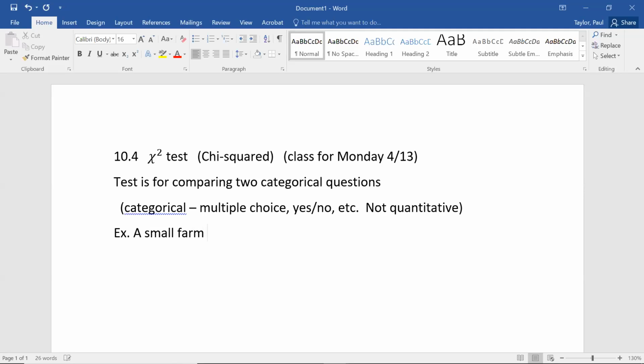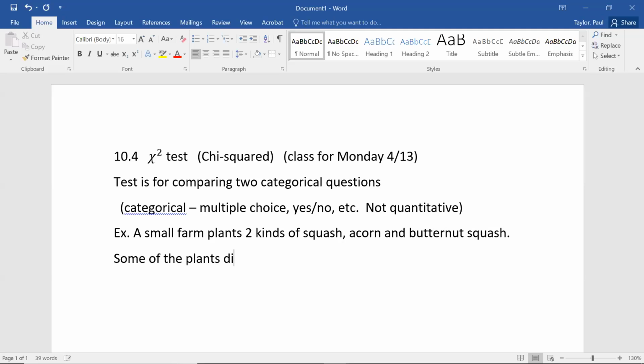So a small farm plants 2 kinds of squash, acorn squash and butternut squash. Some of the plants end up dying from a fungus.